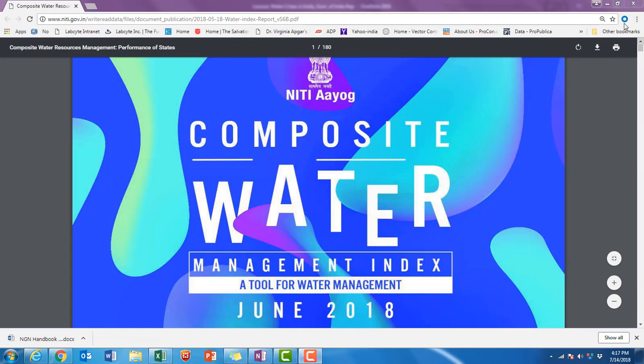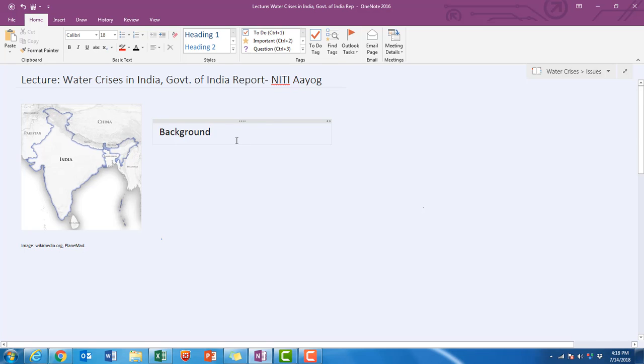But before we get into the details about this report, let's talk about some simple facts about India. India's population is approximately 1.35 billion people. That makes India the second most populous country in the world, right after China.